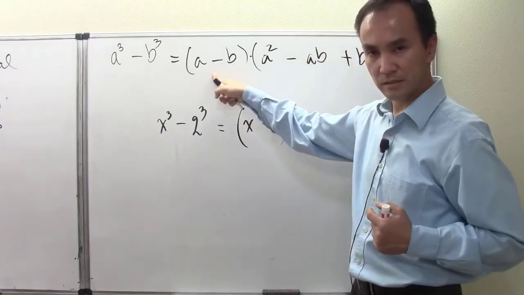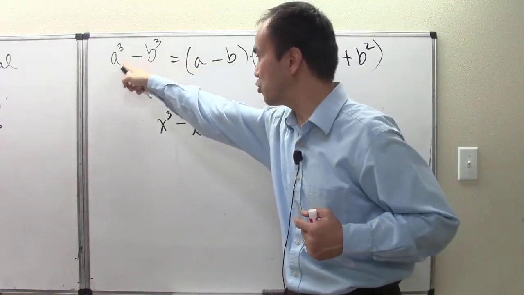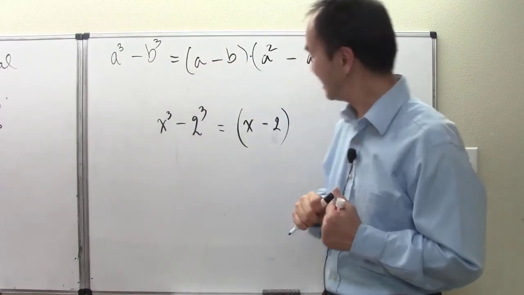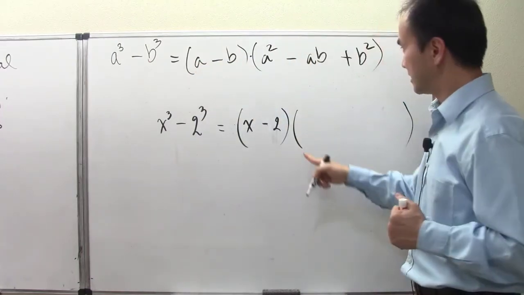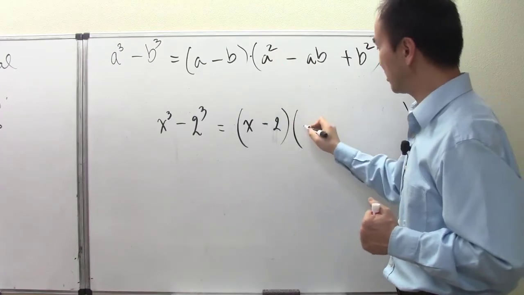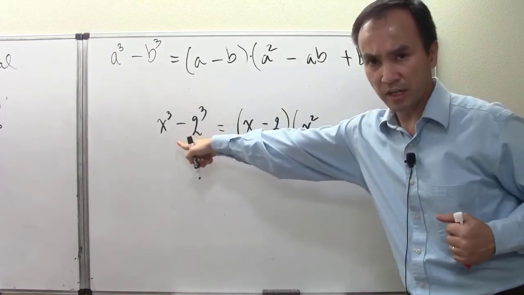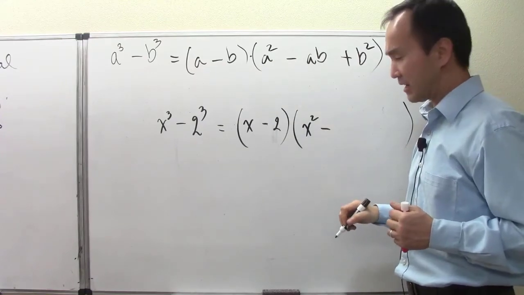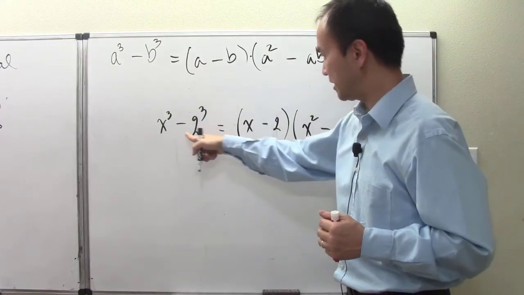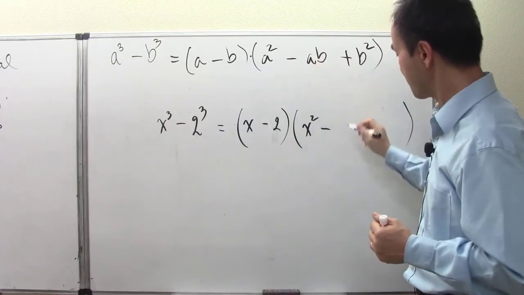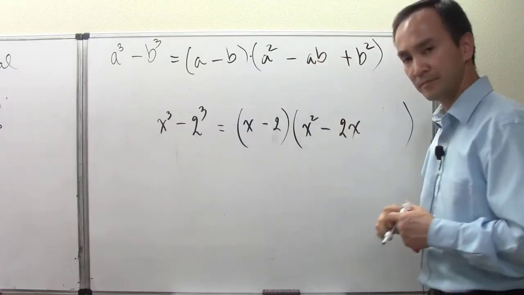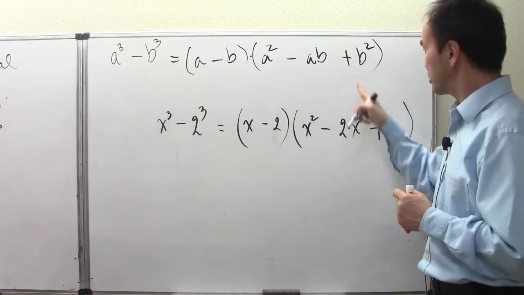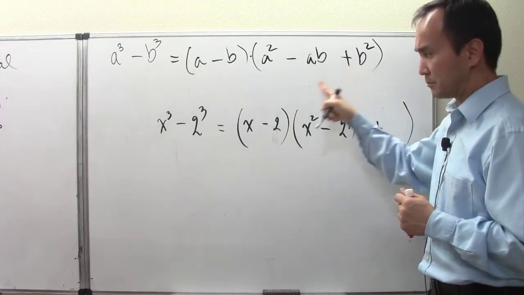Just like that, a cubed minus b cubed is the same as a minus b as one separate factor. And then for the other part, a squared correspondingly will be x squared, because x is playing the role of a, minus ab, this is 2x, and now I'm going to add b squared. But b is 2 itself.